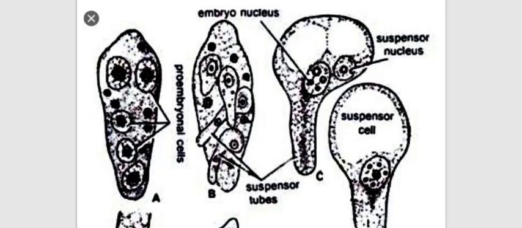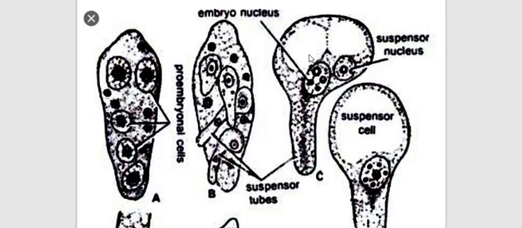In this diagram we see again the developing embryo. As we have discussed earlier, these are the proembryonal cells, and each of these proembryonal cells develops into an independent embryo, and these are the developing proembryonal cells in which the suspensor tube is being developed.